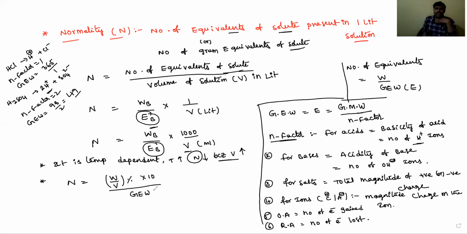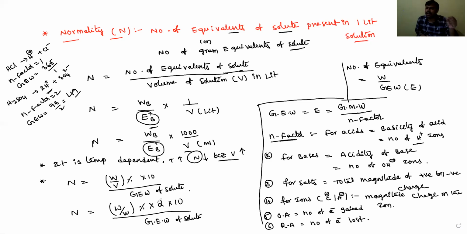Another important relation is with weight by weight percentage: normality is equal to weight by weight percentage into density into 10, divided by the gram equivalent weight of solute. So these are the relations for normality in terms of weight by volume percentage and weight by weight percentage.